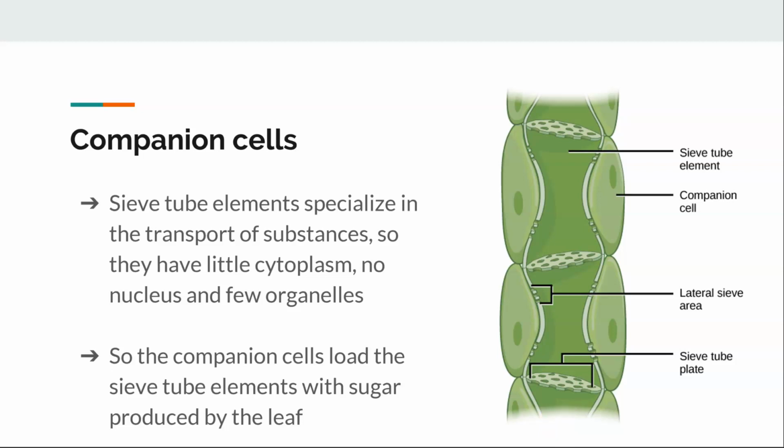They have little on the inside, so they can keep substances moving. So unlike most cells, they have little cytoplasm, no nucleus, and few other organelles. Companion cells make up for that lack of organelles by carrying out metabolic processes for the sieve tube elements and, importantly, loading sugar into those cells, sugar that's produced by the leaf.